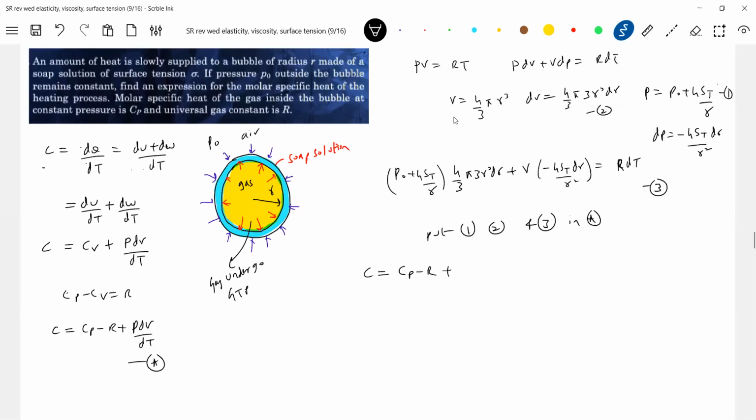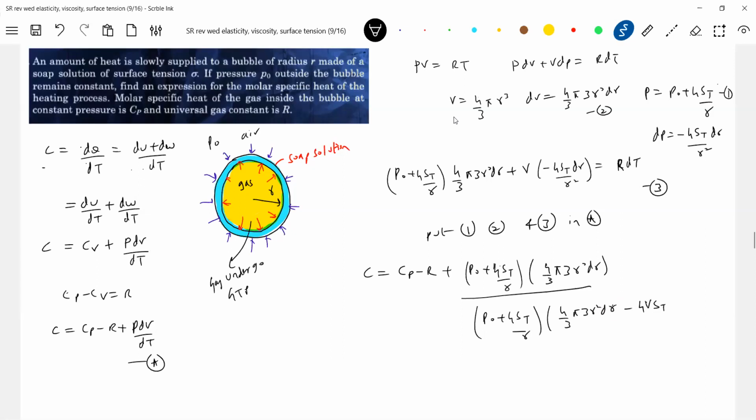Cp minus R. Okay, P value, dV value. Where is the dV? 4 by 3 pi dr. So minus 4 V ST r squared dr, all divided by r.